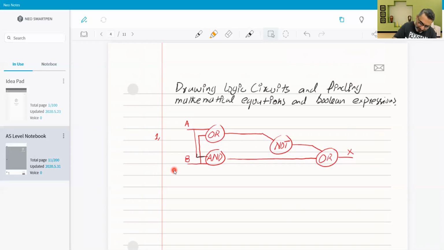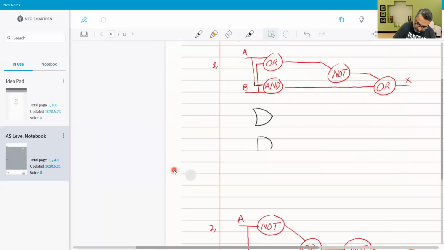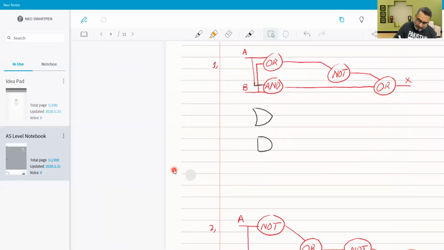First of all, we have the OR gate. So let's make the OR gate. Here we go. This is the OR gate, and then we have the AND gate. So we have one input going inside the OR gate and one input going inside the AND gate.